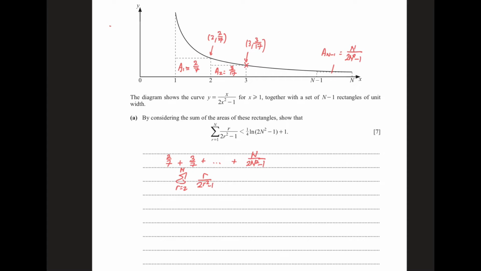And at the same time, I'm going to build up the inequality. So I know that what I have here are the areas of rectangles, so I change it to summation.